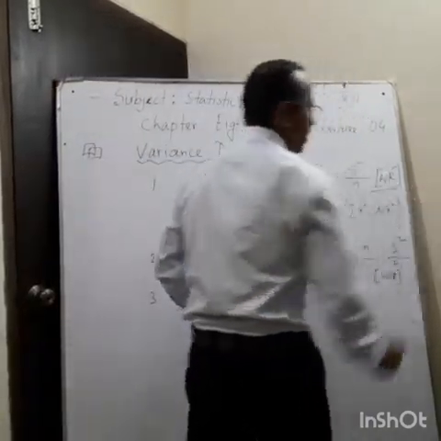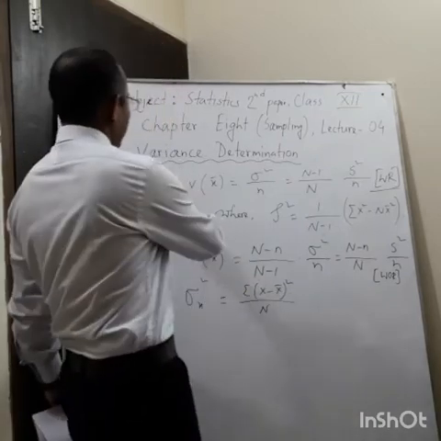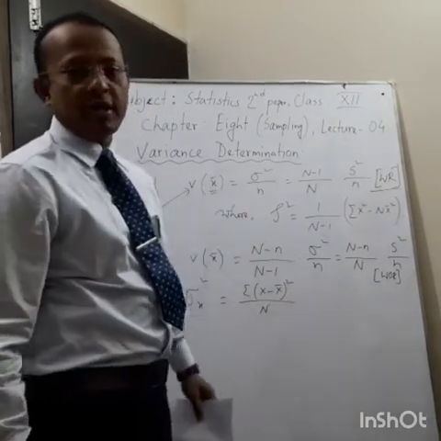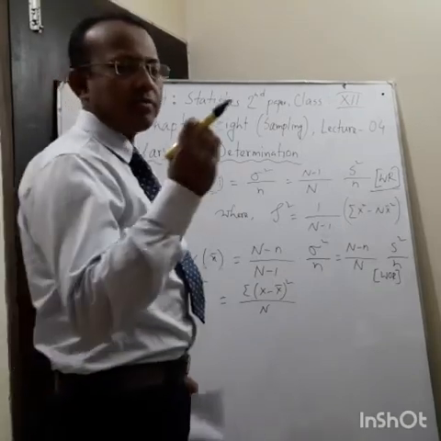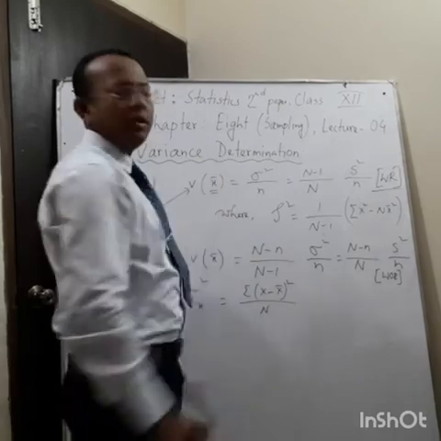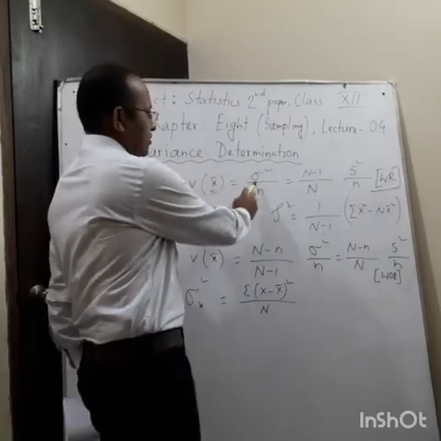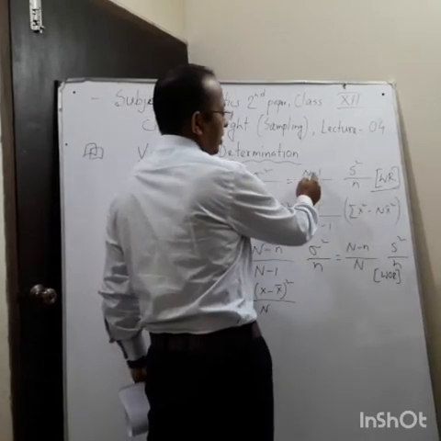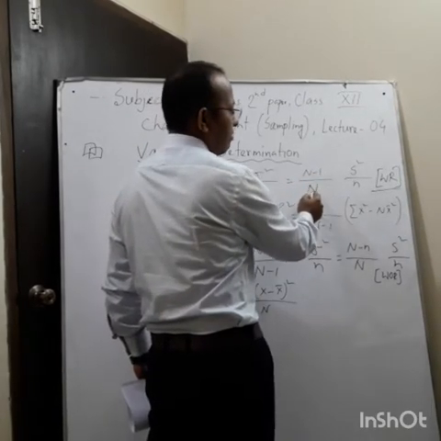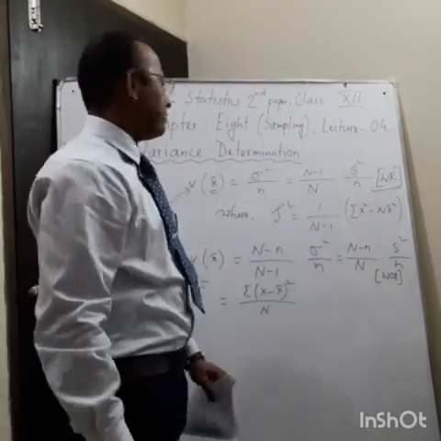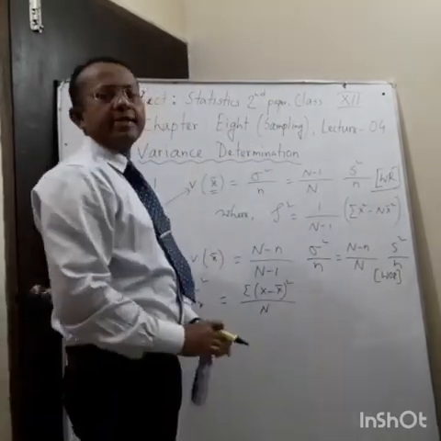in that moment the variance of the sample mean, where x is the sample and x bar is the sample mean, is equal to sigma square divided by small n, which is equal to (capital N minus 1) divided by capital N into s square divided by n. What is s square?